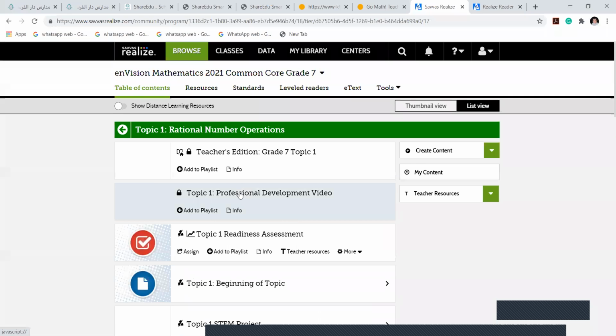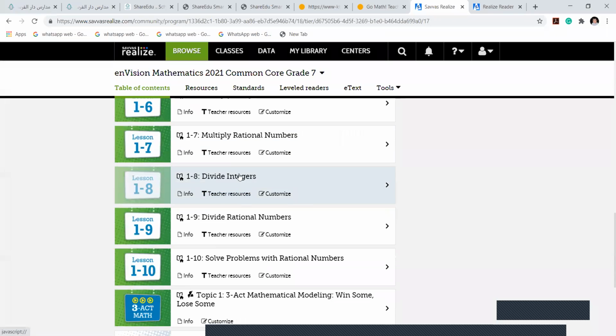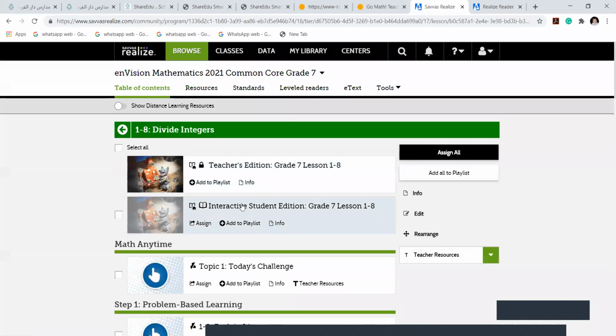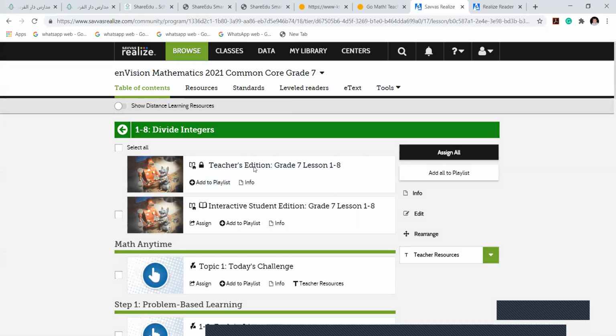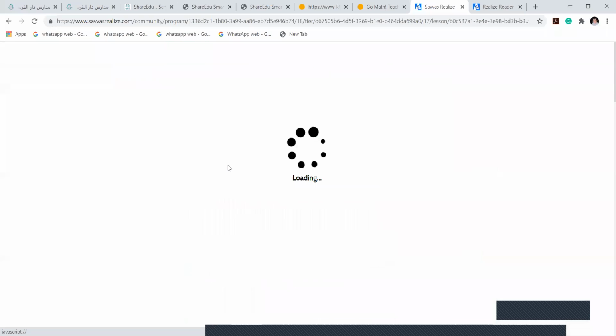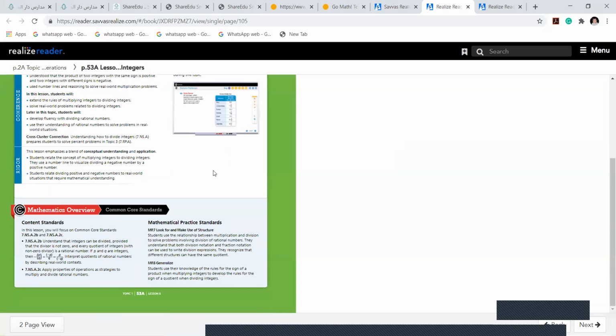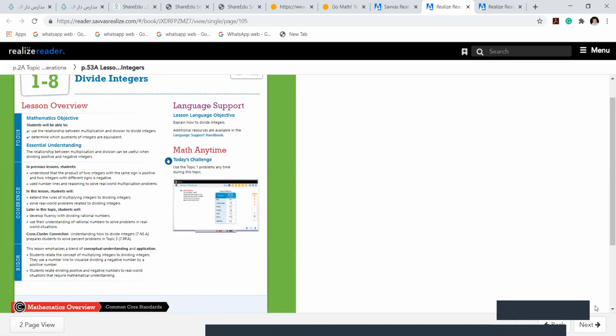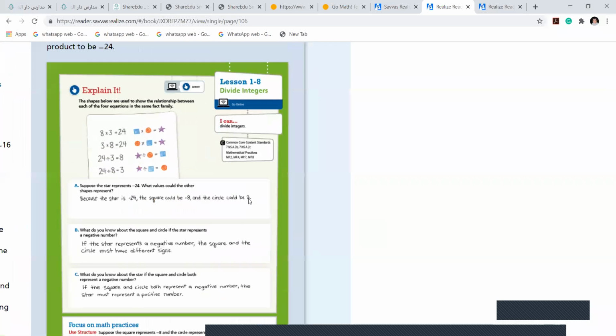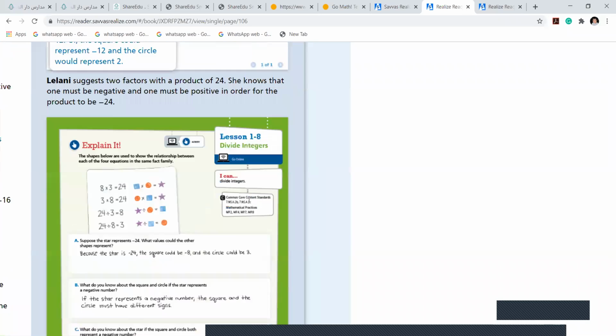Let us start with 1.8. Go to page number 53.